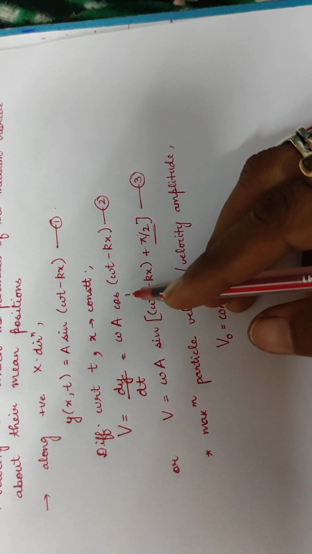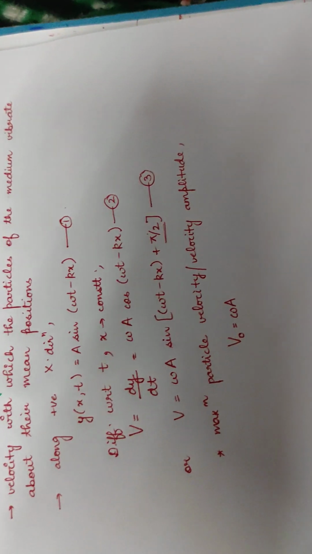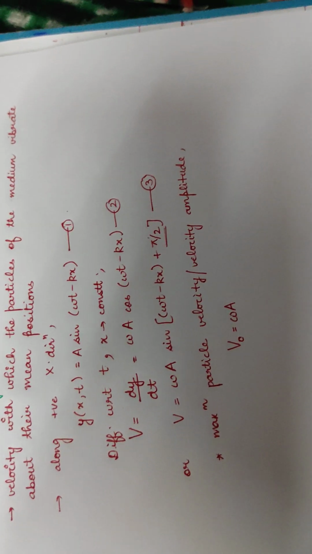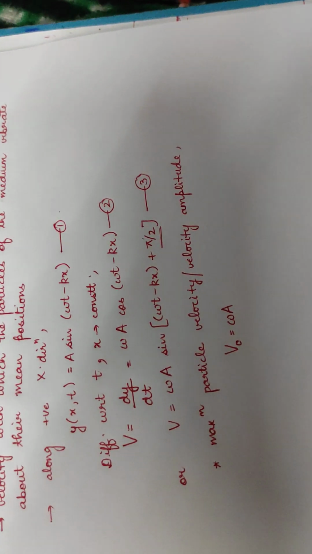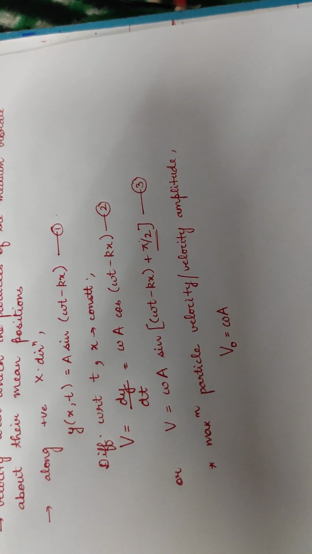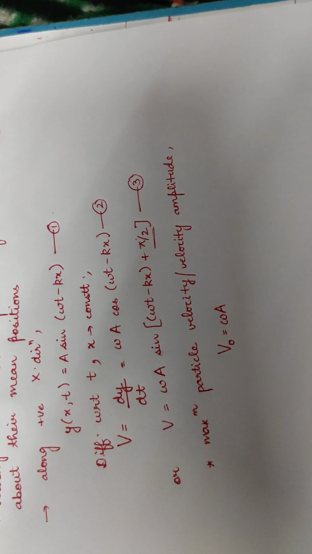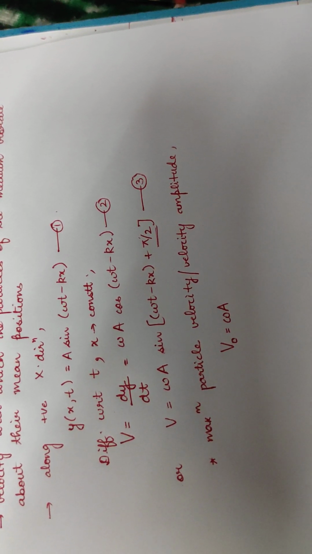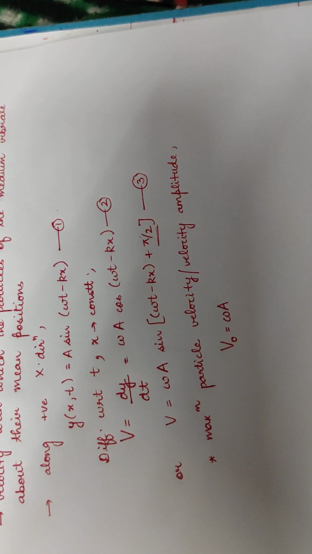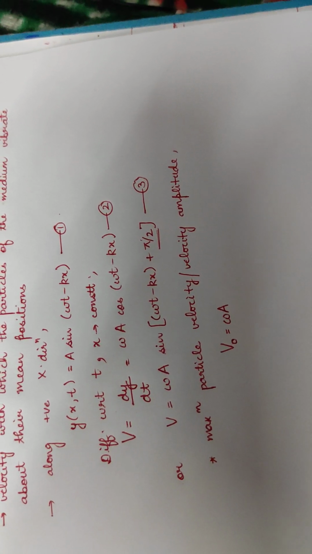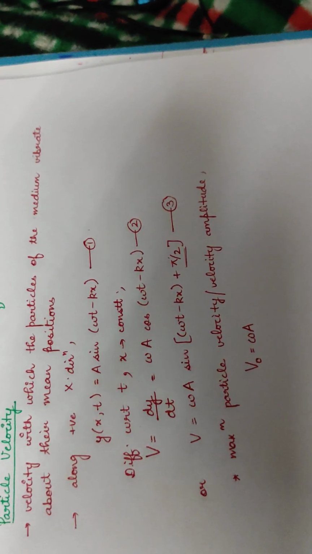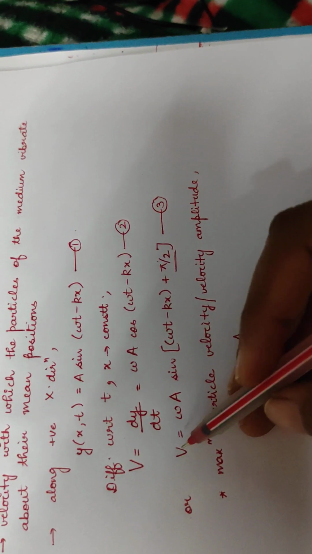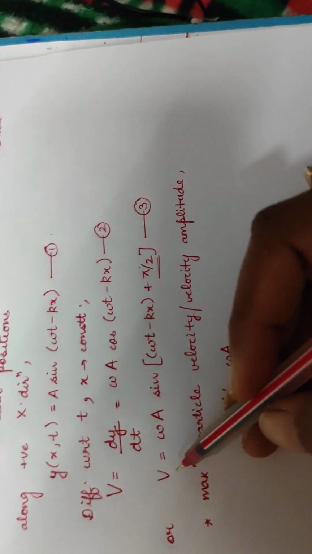So sine 90 degree is equal to 1. So if omega t minus kx plus pi by 2 makes the sine 1, then we can say that the particle will have its maximum velocity.